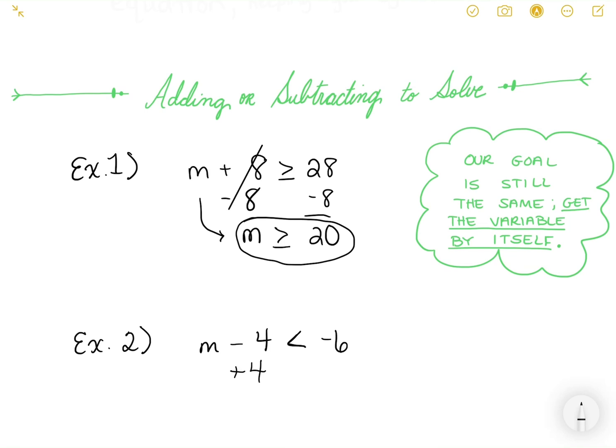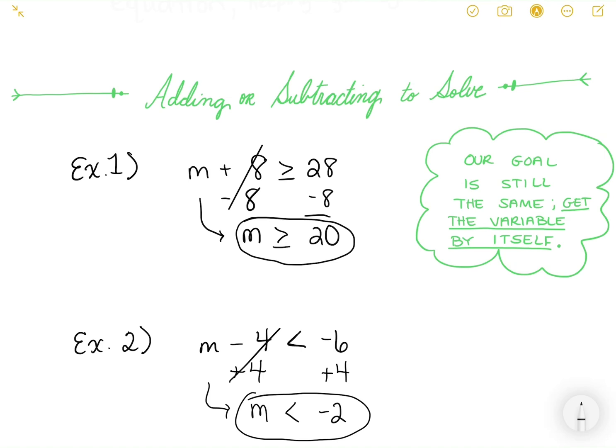What I do to the left side, I must also do to the right side. On the left, my 4 cancels out, leaving me with m. Negative 6 plus 4 is negative 2. So m is less than negative 2.